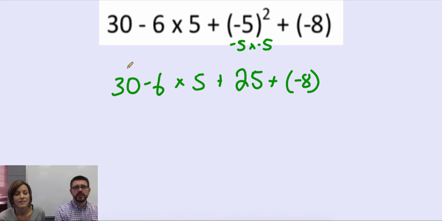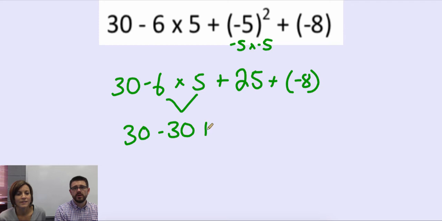After exponents, then we do any multiplying or dividing, going from left to right. In this case, I just have 6 times 5, which is 30. When you get to your adding and subtracting step, this is where you would take care of any of your subtracting. We want to change it into adding the opposite, just like we practiced earlier in the integers unit.